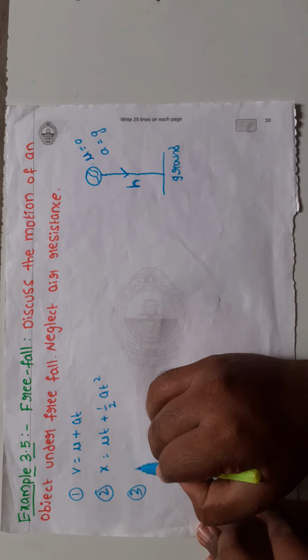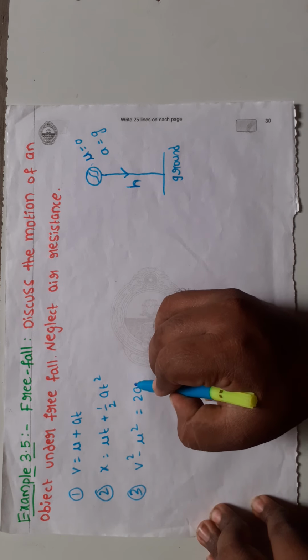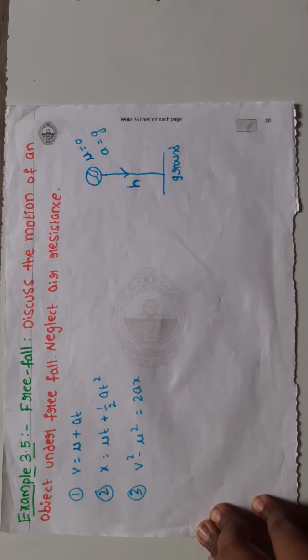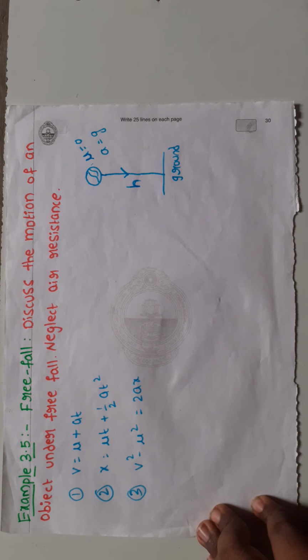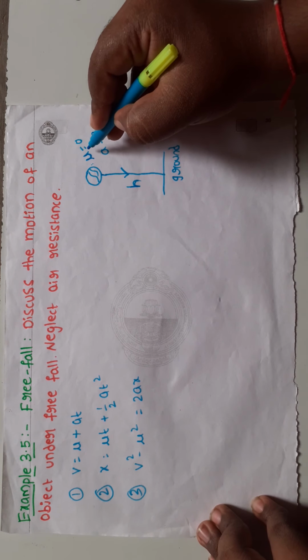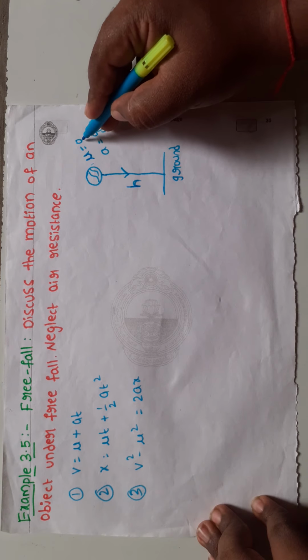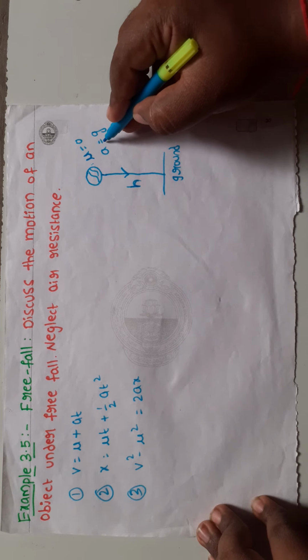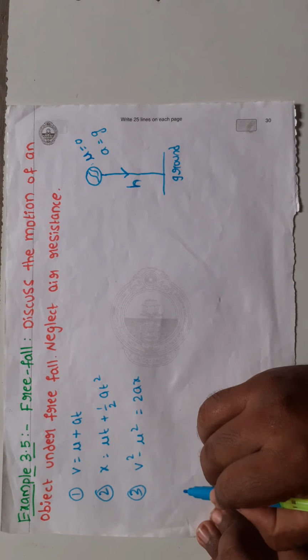The third equation is v square minus u square equal to 2ax. These three equations are called the equations of motion or kinematic equations. Here the free fall conditions are initial velocity u equal to 0 and a equal to g. I am substituting these two values in the above equations.